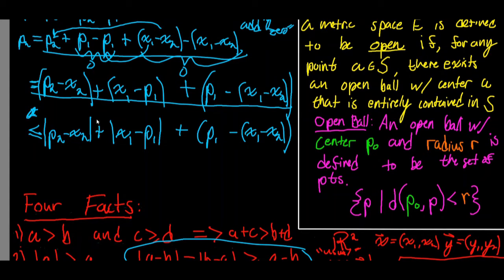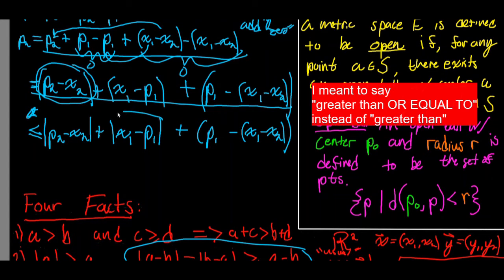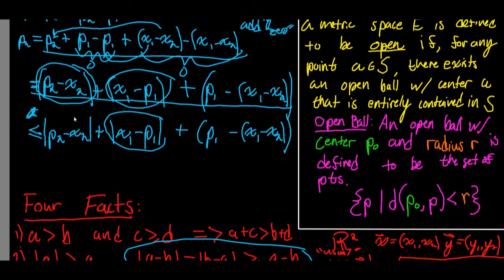And remember, the reason this is true is because the absolute value of p2 minus x2 is greater than or equal to this term right here, and the absolute value of x1 minus p1 is greater than or equal to this term right here. Let me color code this. So this term right here is greater than or equal to, I'm writing this greater than or equal to vertically, and then this term right here is greater than or equal to the term above.